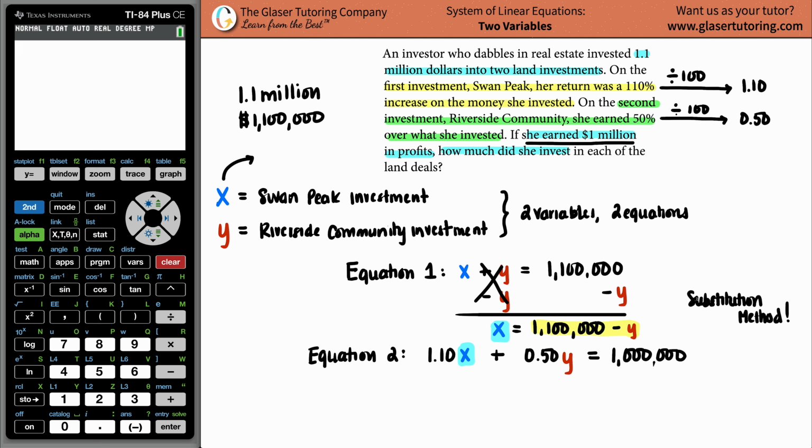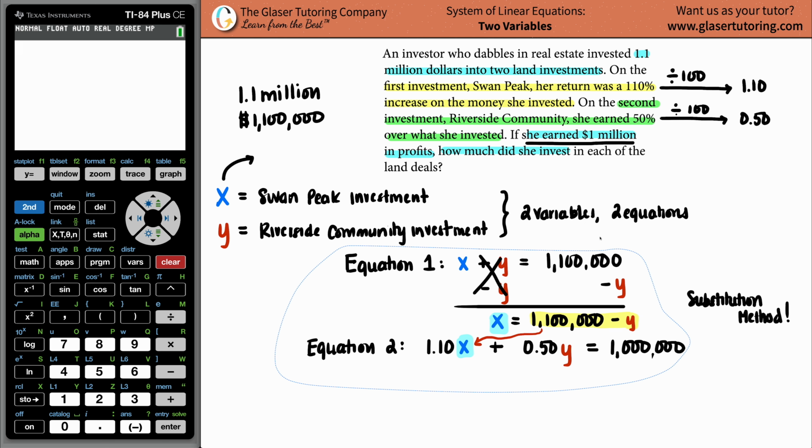So we're going to substitute. We're going to put this value in for the x. We're only doing this because if we do that, we don't have two variables anymore. Remember, when we solve in algebra, you're only allowed to have one variable at a time. So, by substitution, we will get 1.10 times, now what was the x equal to? X was equal to 1,100,000 minus y.